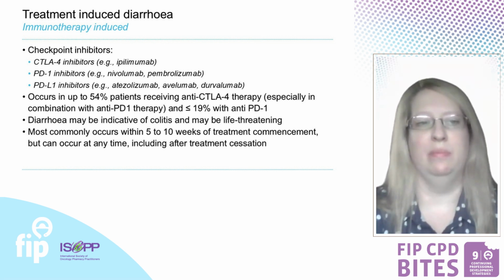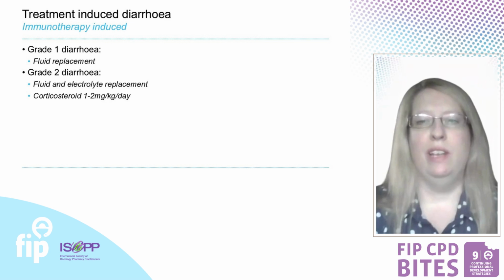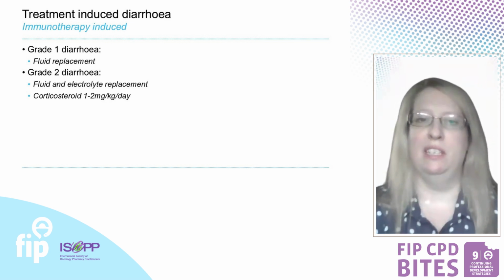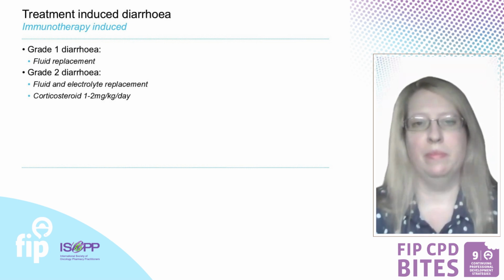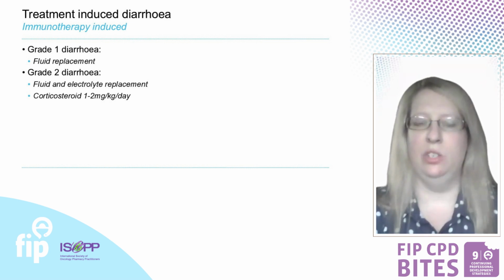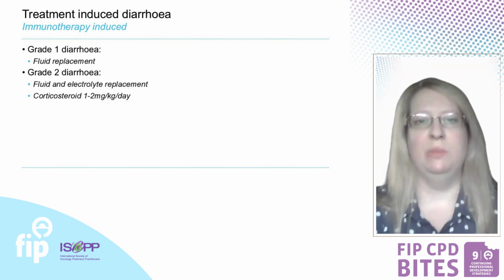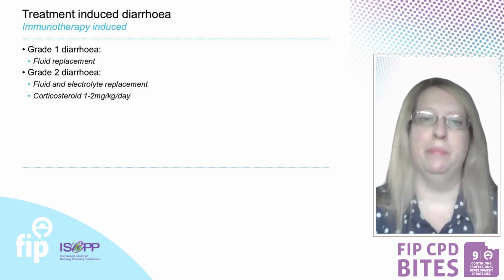Grade 1 diarrhoea, which is an increase in the number of motions compared to baseline, is treated by fluid replacement. If it increases to grade 2, which is 4 to 6 loose bowel motions a day, fluid and electrolyte replacement are indicated, as well as a corticosteroid at 1 to 2 milligrams per kilo per day.